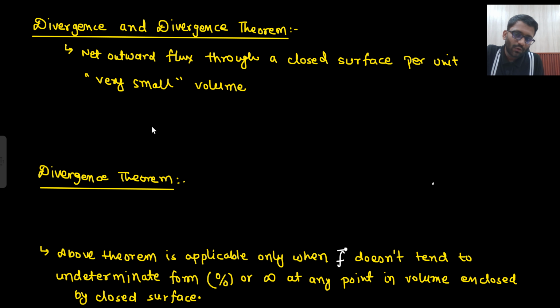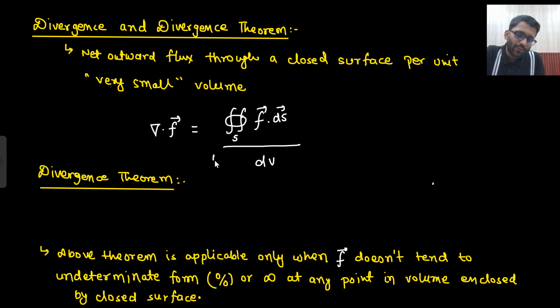The divergence of a flux density F, or a vector field F, is given by the total outward flux from a closed surface per unit very small volume.